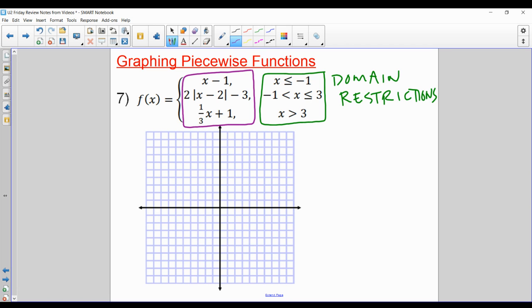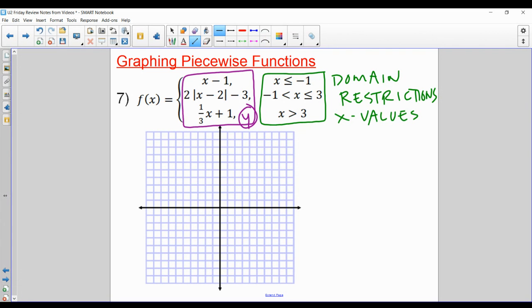So we put in the x values here to see what the y values do for the different parts of the function. So we can kind of think of this as divided into parts or pieces.